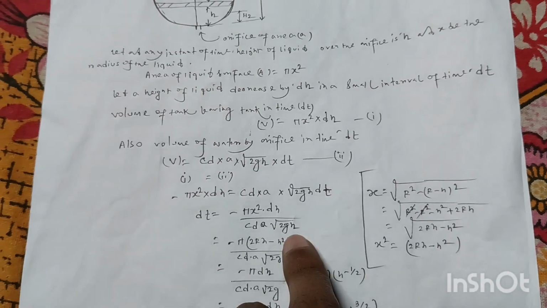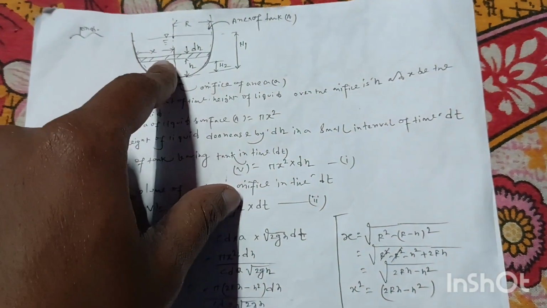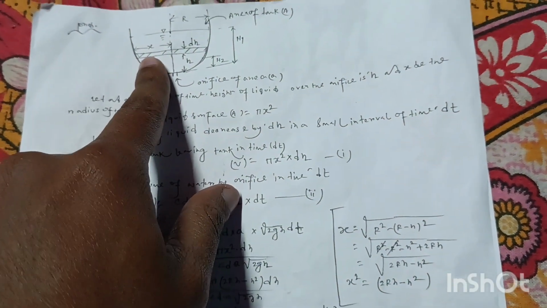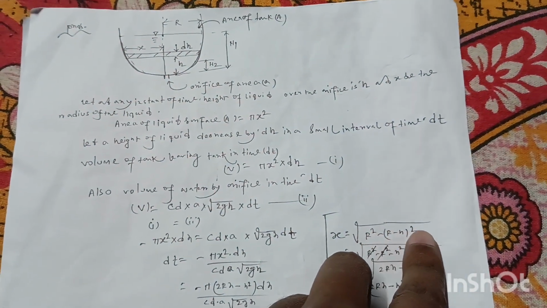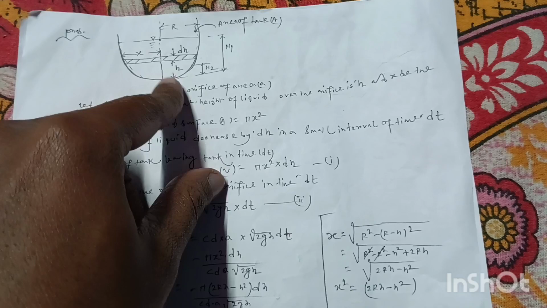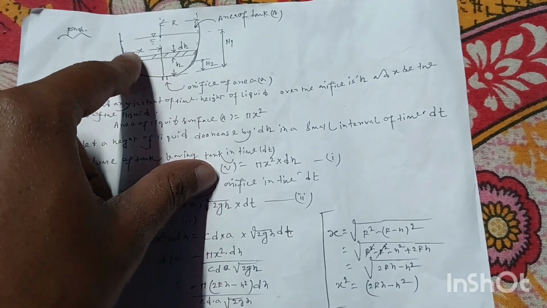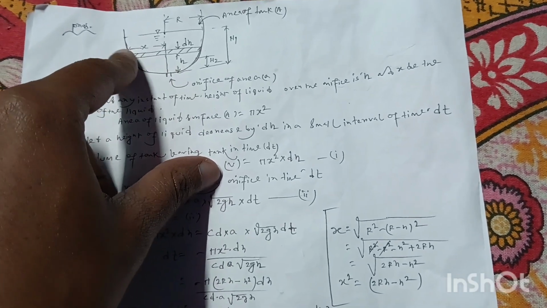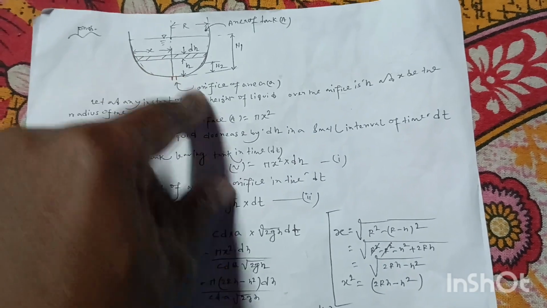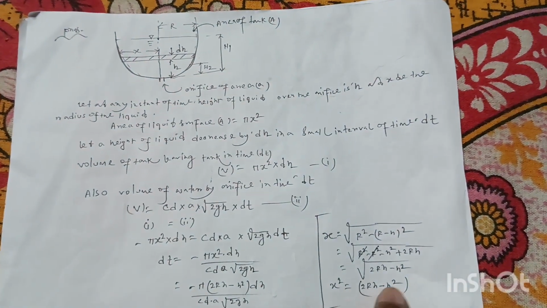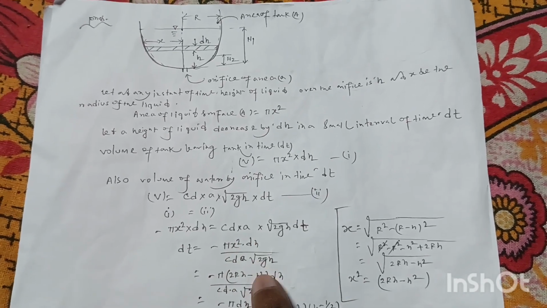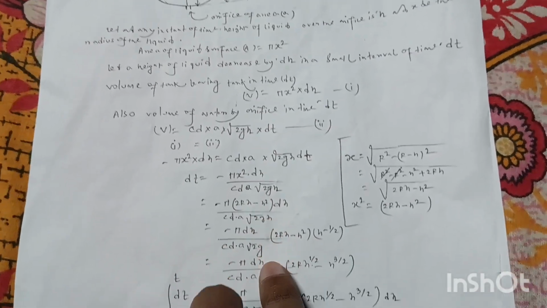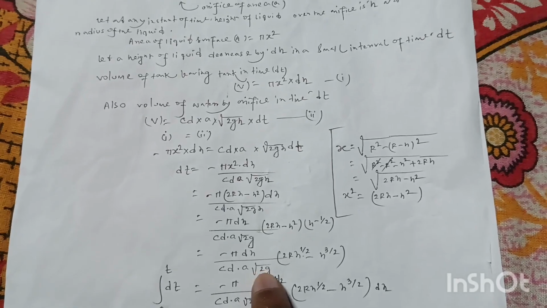Now consider from this figure, x will be equal to root over of r square minus (r minus h) square, from the geometry. So x square will be 2rh minus h square.